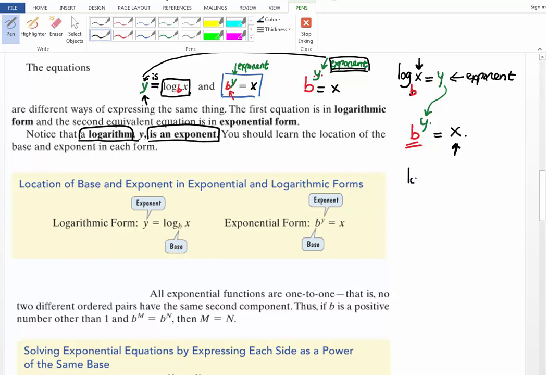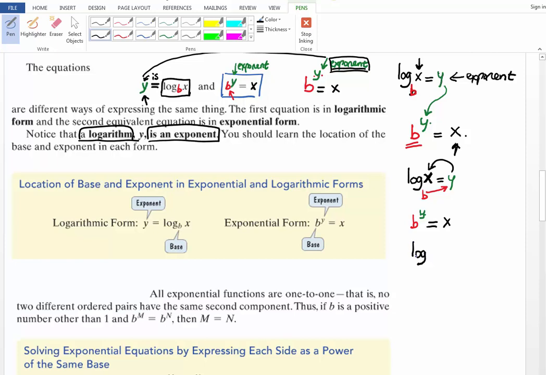So let's take a look. Log base b of x is equal to y. What does that mean to us? It means that if we take the base and you raise it to the exponent y, so b raised to the exponent y, that's equal to the quantity x, which is inside the log. So keep that in mind.